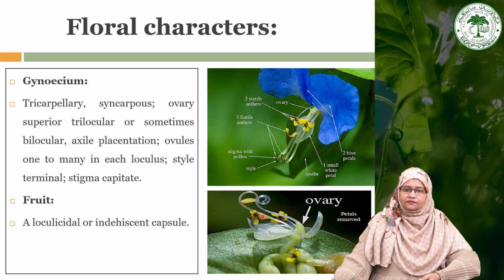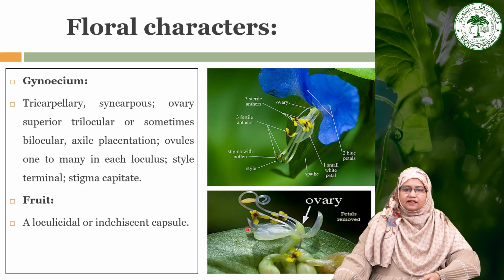You can see there is an ovary, this is the style and this is the curved structure, and here is the stigma. You can clearly observe that the ovary position is superior, and here the petals are removed, these are the sepals, the outer wall of the perianth.